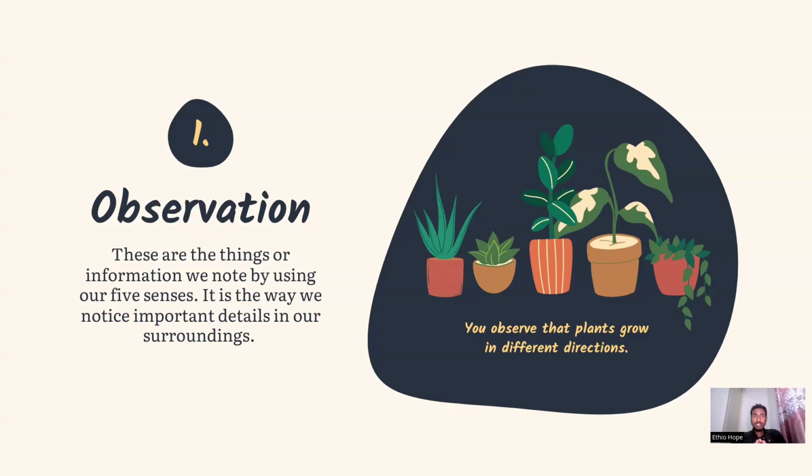For instance, instead of saying the plant is leaning, you may record the plant stem being 20 degrees toward the window. That kind of detail is what makes science powerful. So your observation will be that you observe that plants grow in different directions. This can be your observation.